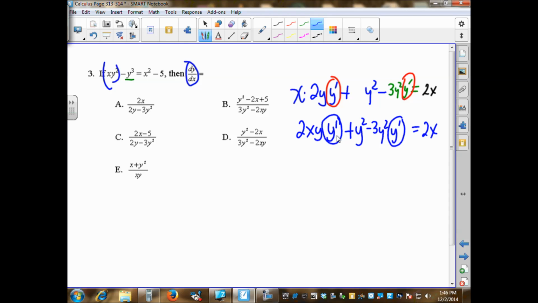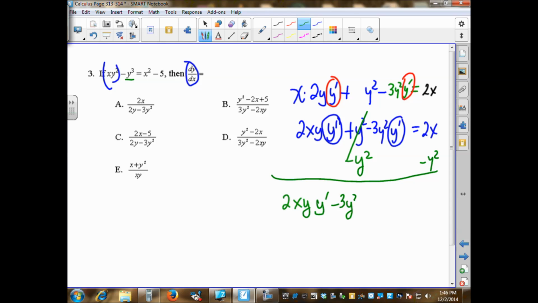If you recall, the way we solve these is we put all of our y derivatives on one side, and then we put everything else on the other side. So let's subtract this y squared to move it over there. So that gives us 2xy y derivative minus 3y squared y derivative equal 2x minus y squared.